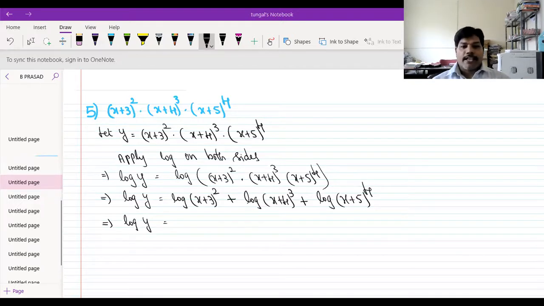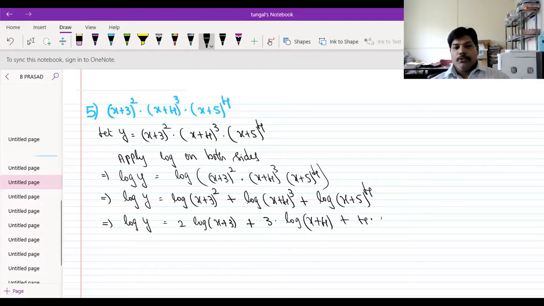So here log of x plus 3 whole square you can write as 2 into log of x plus 3, and log of x plus 4 whole cube you can write as 3 into log of x plus 4, plus this can be written as 4 into log of x plus 5.